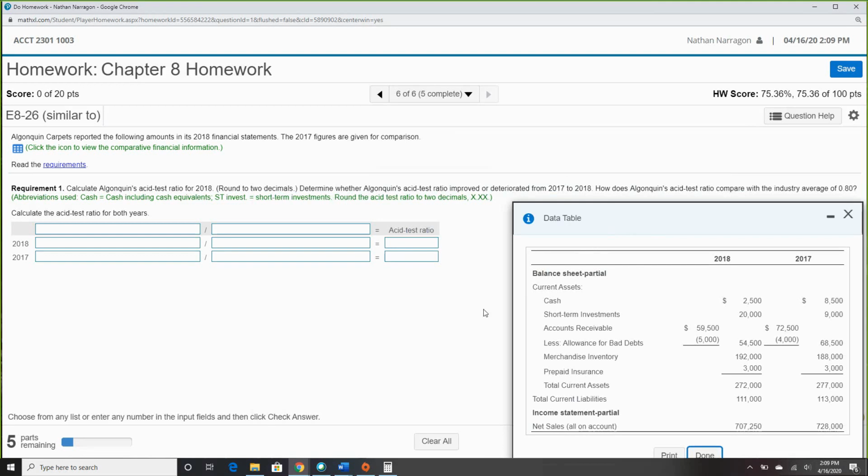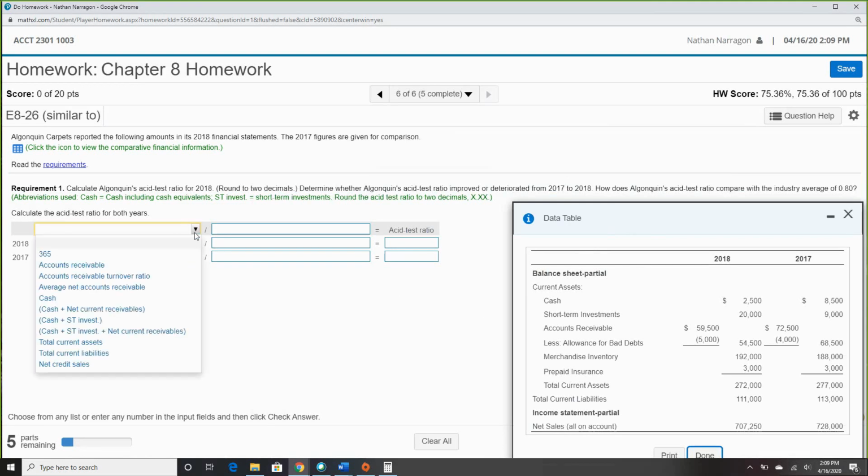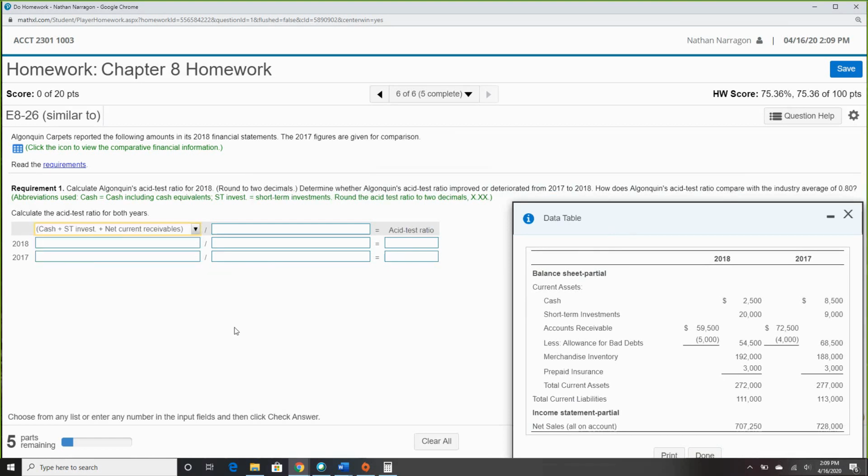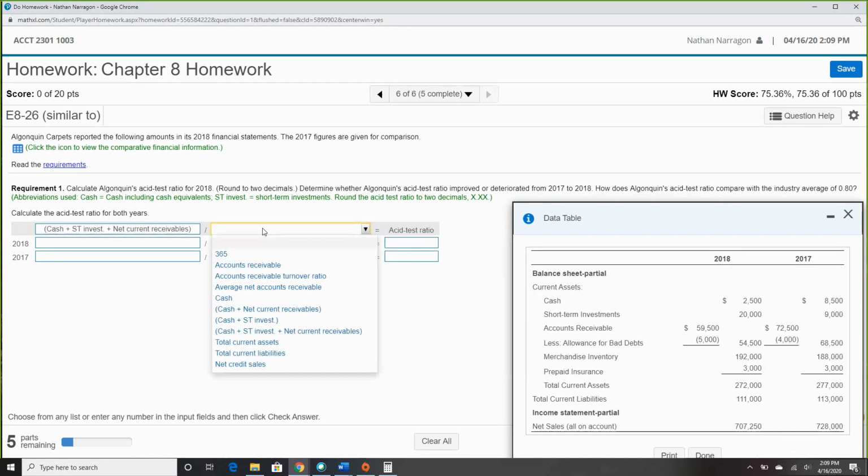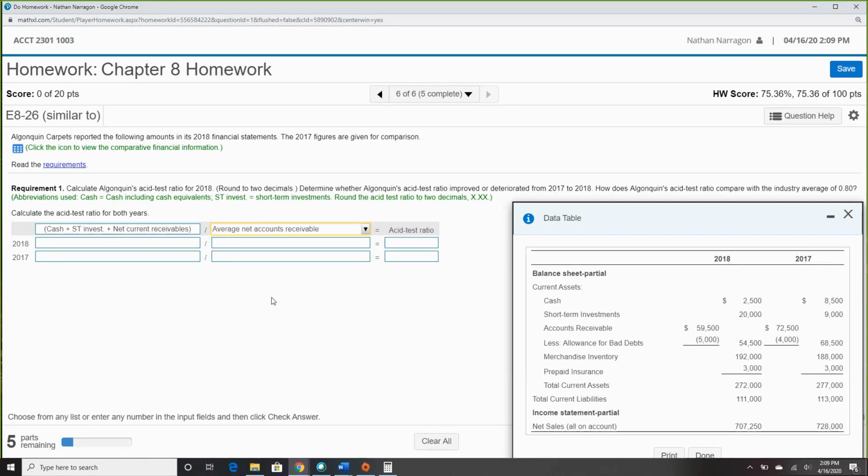Alright. So, asset test. We have to know the formula, which is this long line: cash plus short-term investments plus net current receivables, divided by the average current liabilities, my bad.